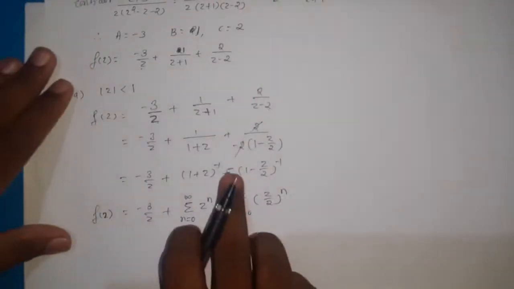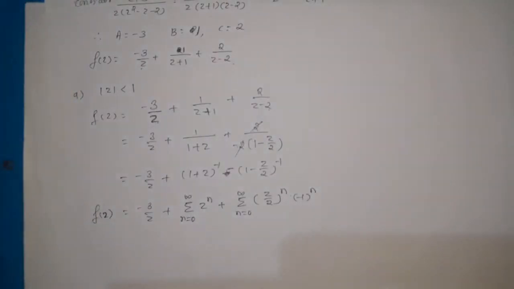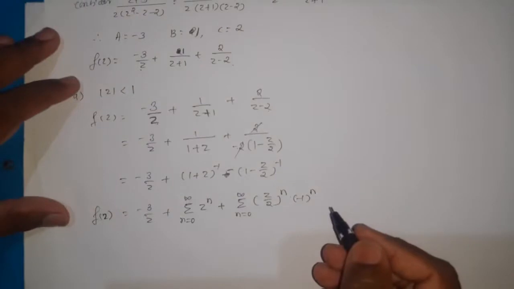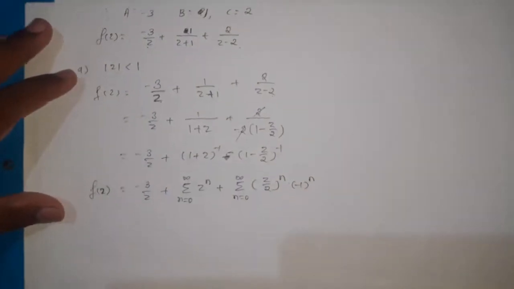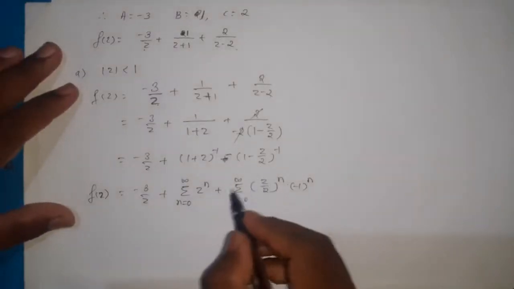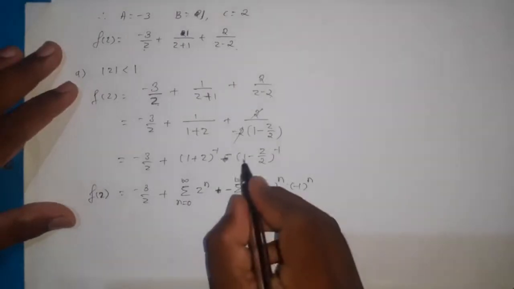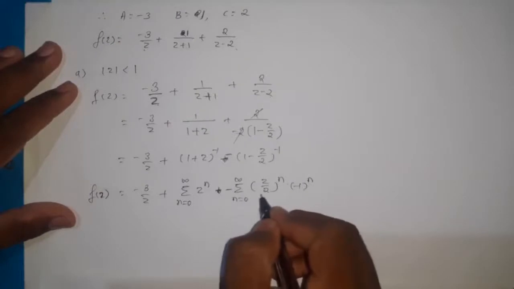Whenever we have a negative sign, in that case we need to write minus 1 whole power n. So here, sorry, this plus becomes minus, and this is 1 minus x whole power minus 1.